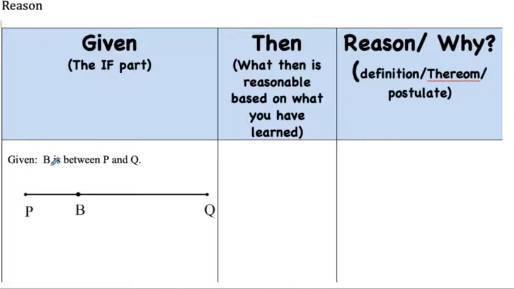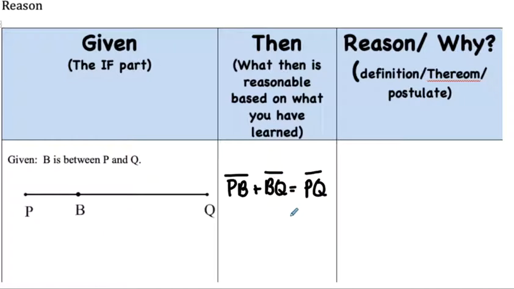It says given B is between P and Q, and I'm given a diagram. What could we say here? Well, in the first couple weeks of school, we learned that if we were told that B is between, we could not say it was directly in the middle, even if it appeared to be. But what we could surmise from this would be that PB, so segment PB, plus segment BQ equaled segment PQ.